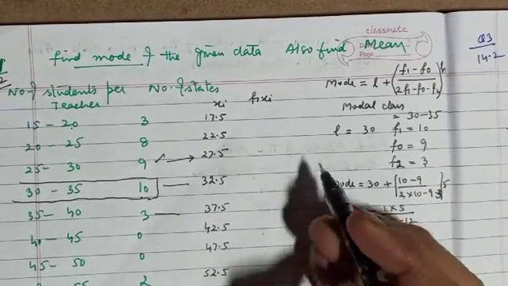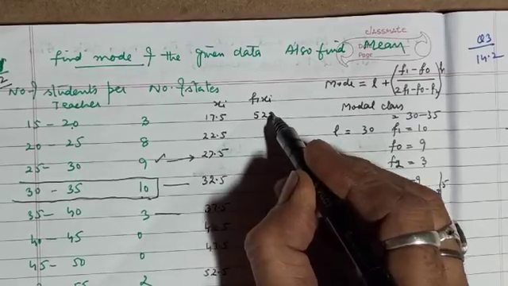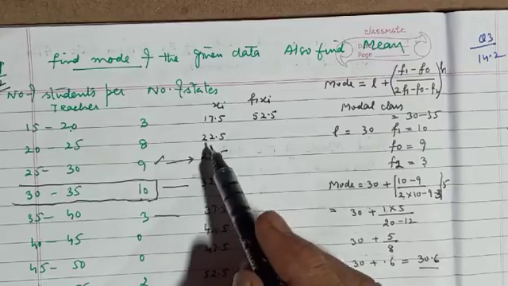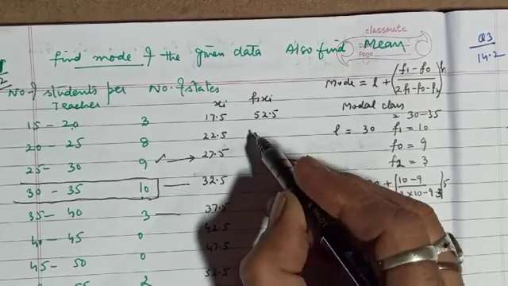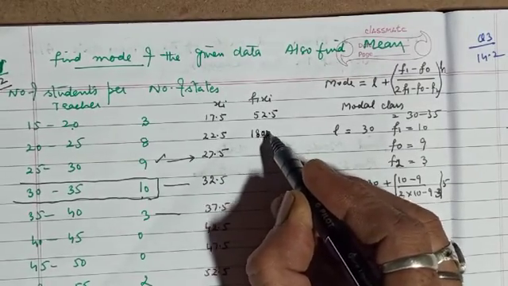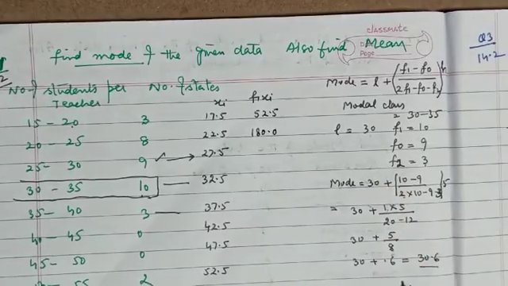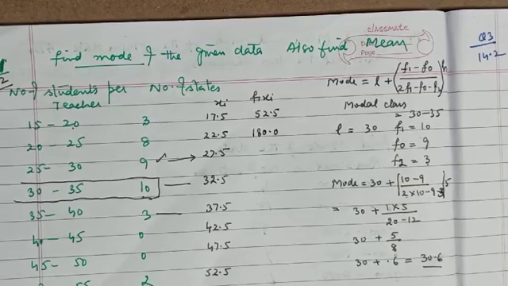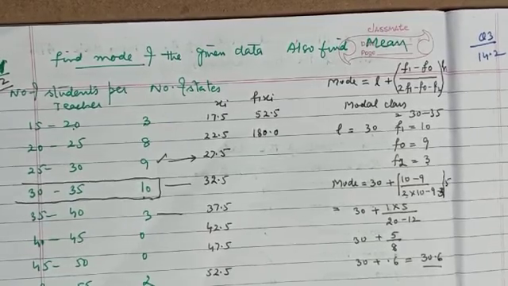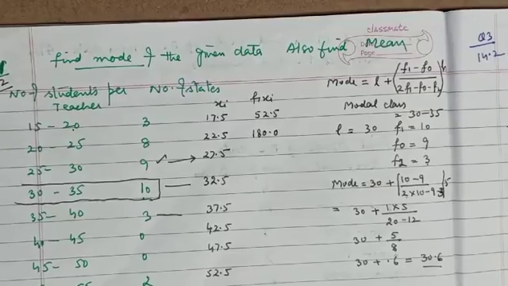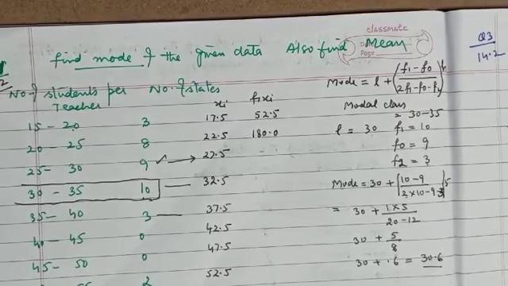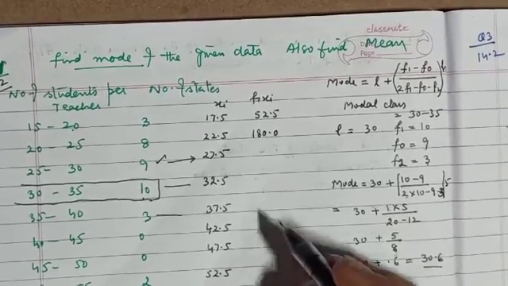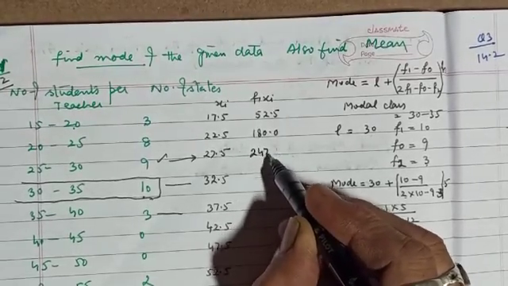मल्टीप्लाई करते हैं तो it will come out to be 52.5. It will come out to be 180.0. 27.5 multiply 9, it will come out to be 247.5.